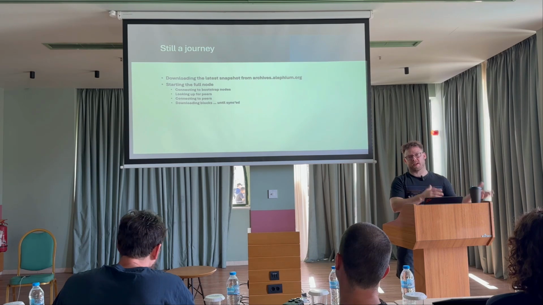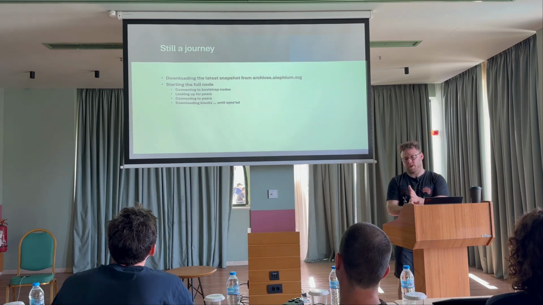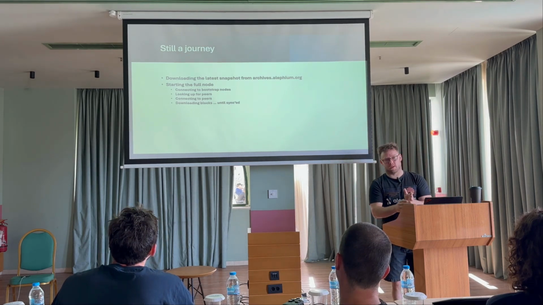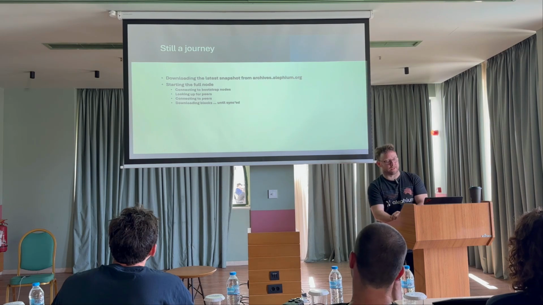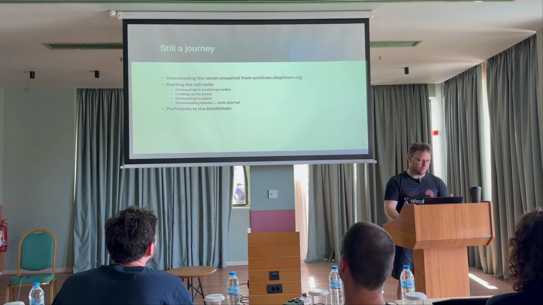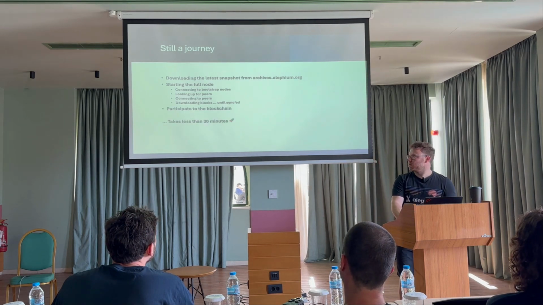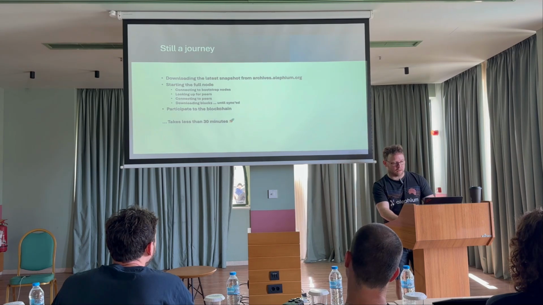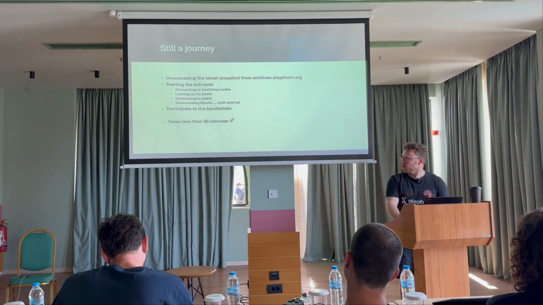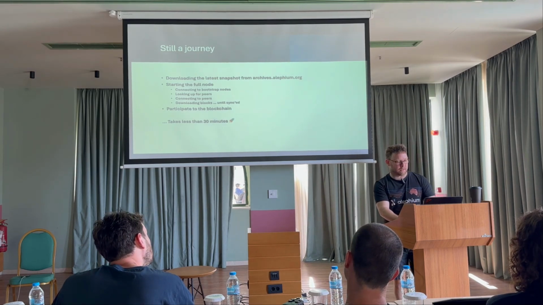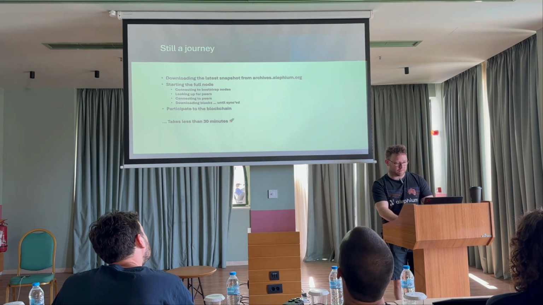But since we have the snapshots, we're not starting from day one. We start from the time of the latest snapshot, and you only sync the delta and not everything. Then you can participate in the blockchain, and this should take around 30 minutes. If I'm lucky, it can even take less than that, but we'll see that afterwards.